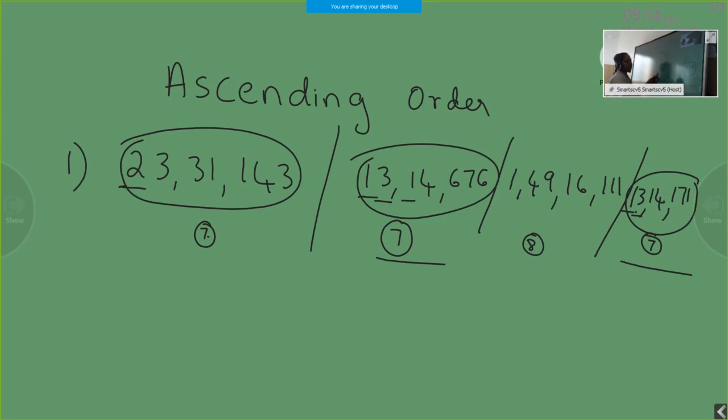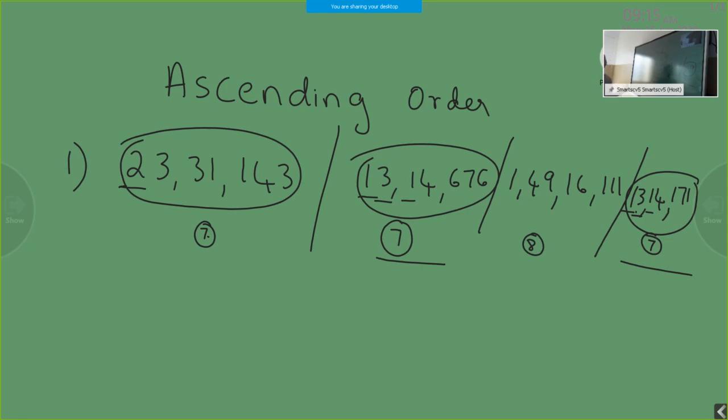Again, that digit also has 1 in the next position. See, in these numbers, we counted the number of digits, found the numbers having the smaller number of digits, then compared those three numbers. Out of those three numbers, we sorted out two numbers having the same digit at the leftmost position. Again, we have to compare those two numbers.